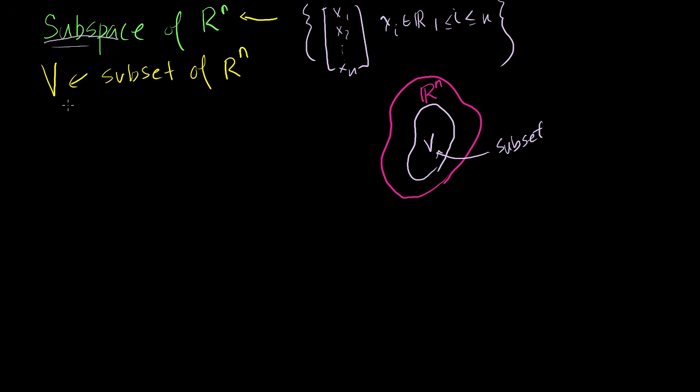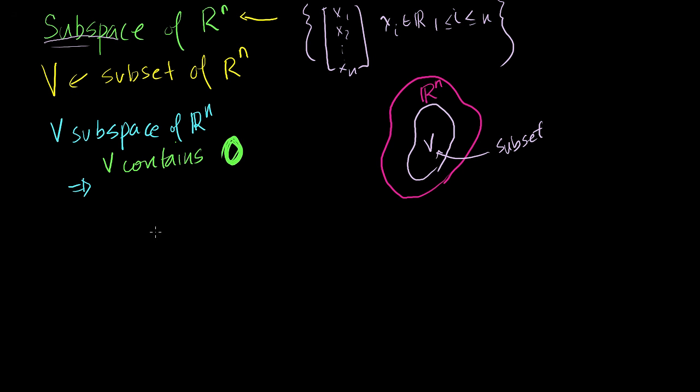Now, in order for V to be a subspace, and this is a definition, if V is a linear subspace of Rn, this means three things. This means that V contains the 0 vector, that's the 0 vector, equal to 0 all the way, with n zeros.